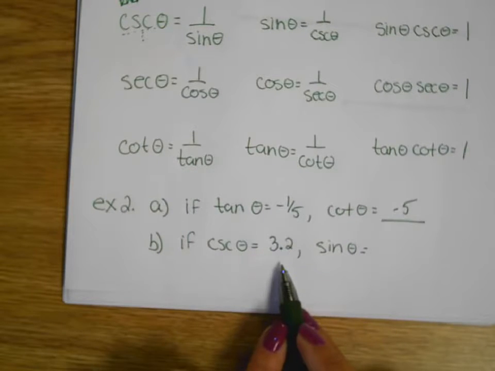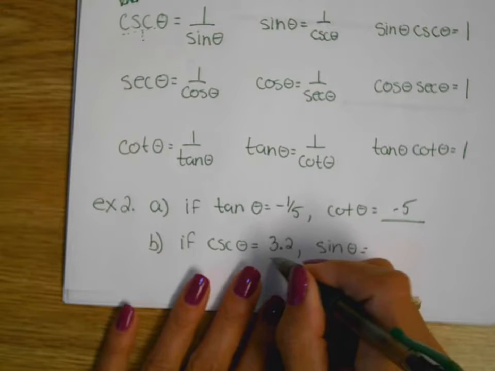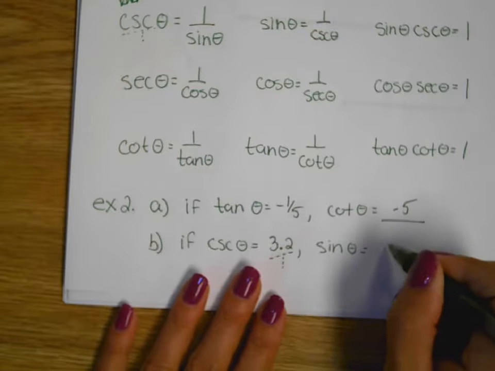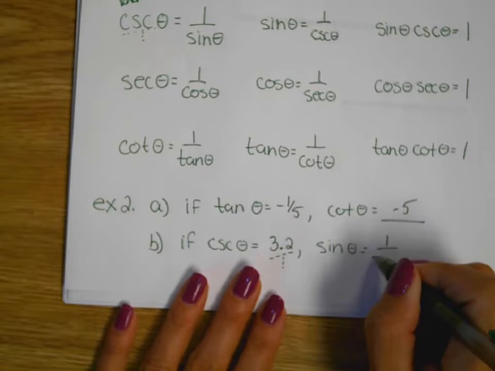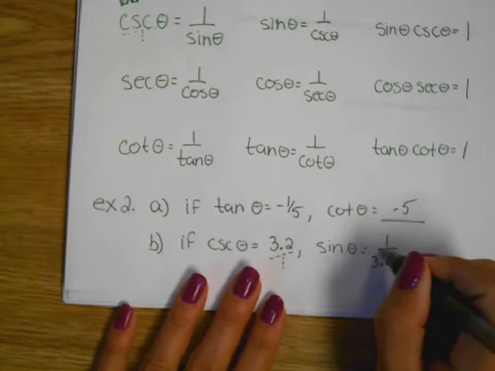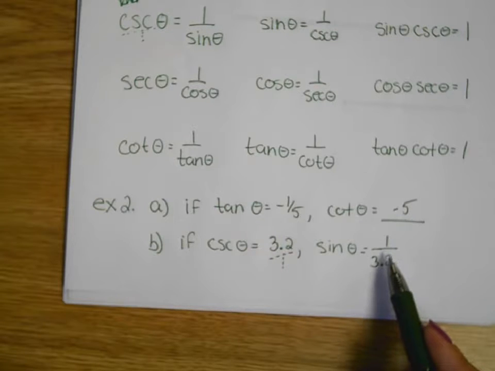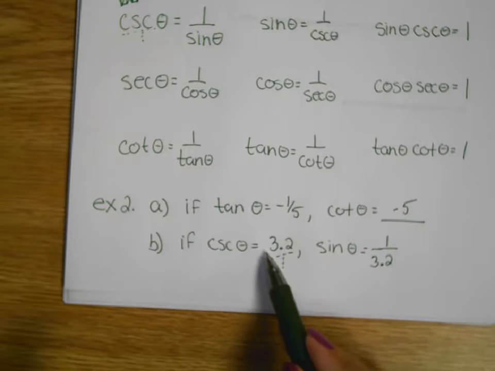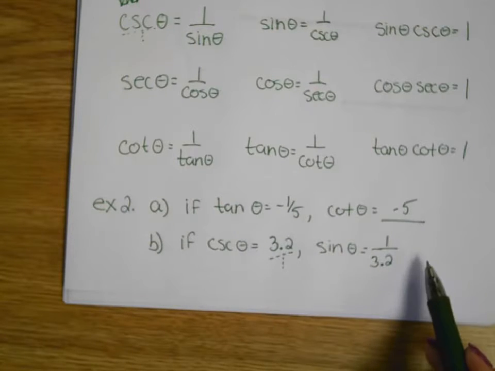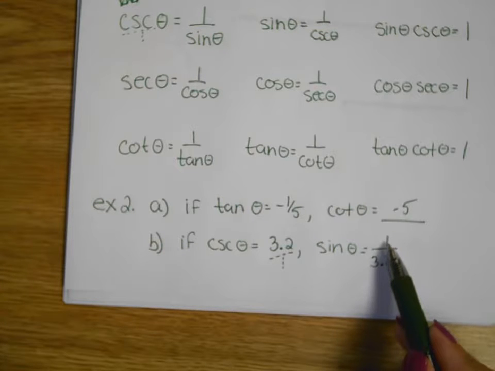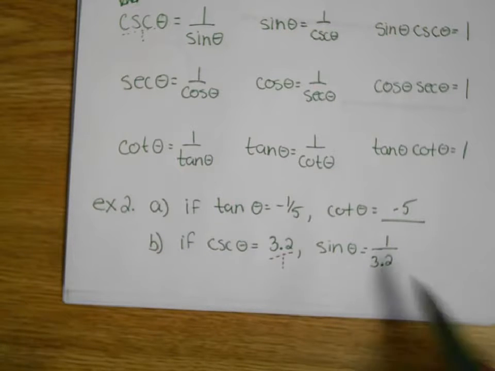How do I flip this number over? 1 over 3.2. Think about a 1 underneath it. But how many times in your life do you see decimals inside of fractions? Not often do we leave that ugliness. If it starts as a decimal, finish as a decimal. All you've got to do is pick up your calculator. What's 1 divided by 3.2?